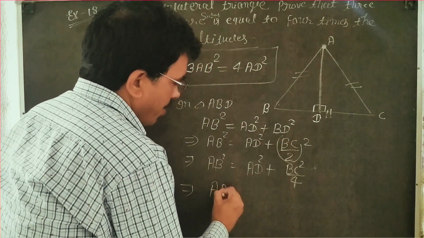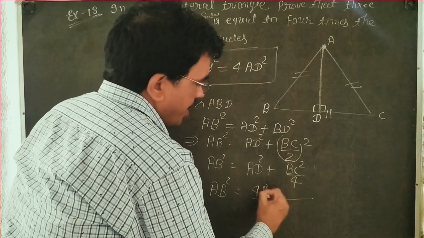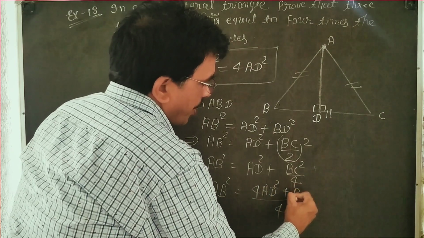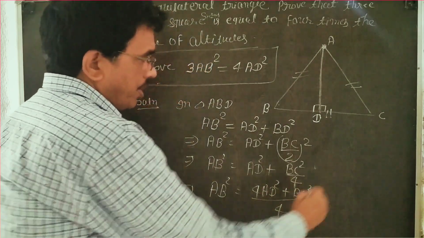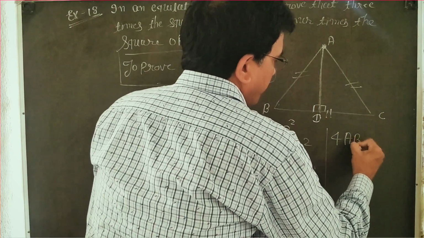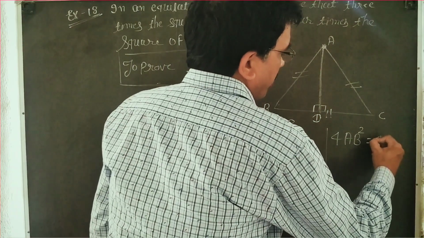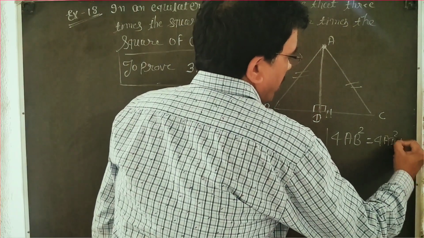Now AB square, LCM 4, AD square plus BC square. Cross multiplication: 4 AB square is equal to 4 AD square plus BC square.